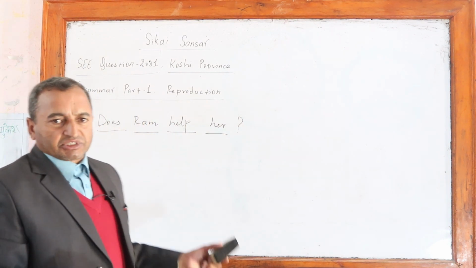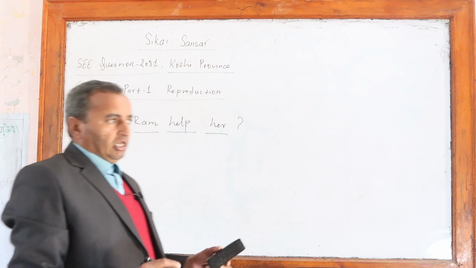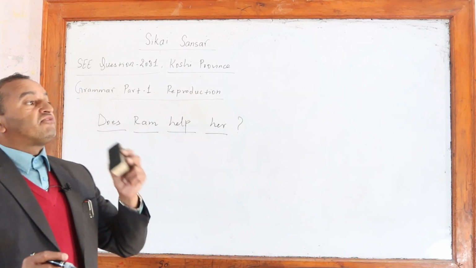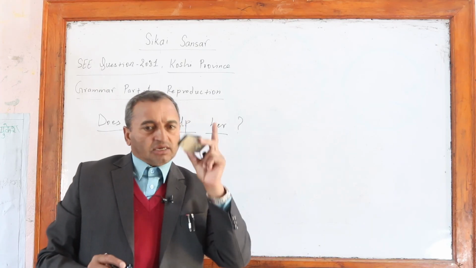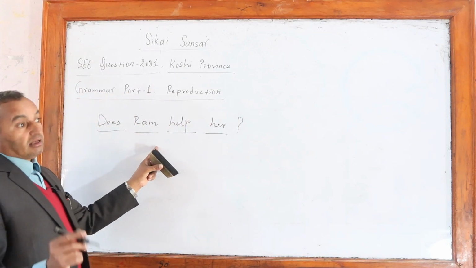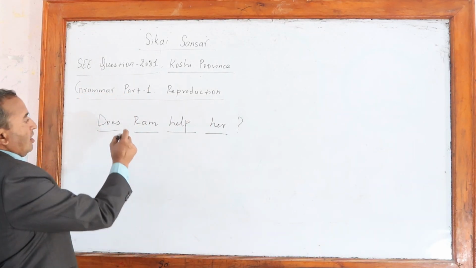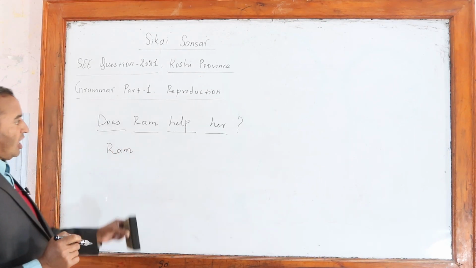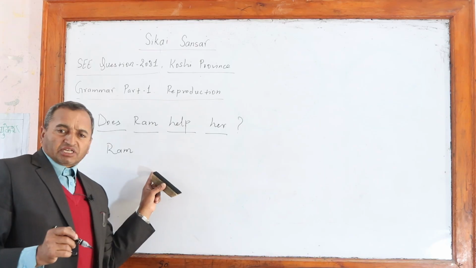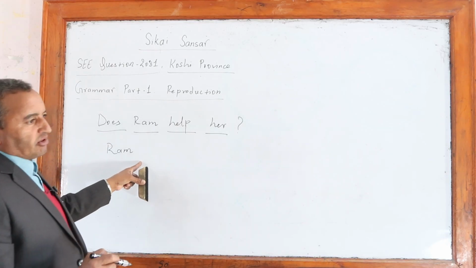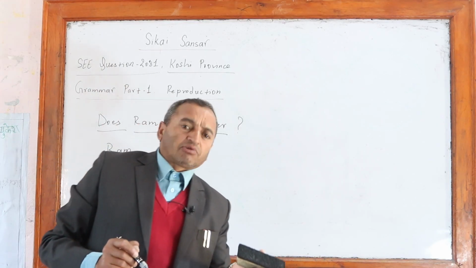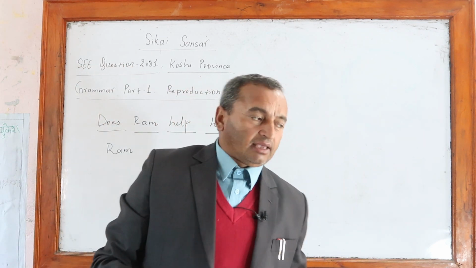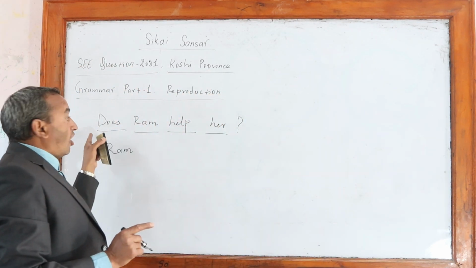So now we have to change it into a statement again. As we have done earlier, first of all, we have to write the subject. What is the subject here? Okay, you are telling me Ram is the subject. Ram is a third person singular subject. So what do we have to know? Third person singular subjects always agree with the V5 form, so that is why does was used there.